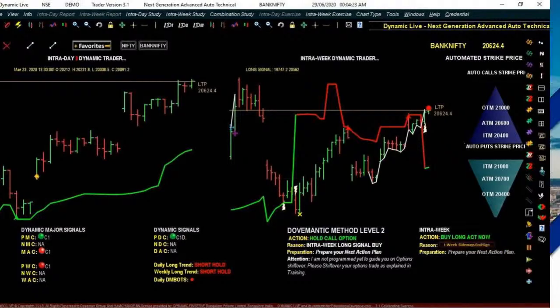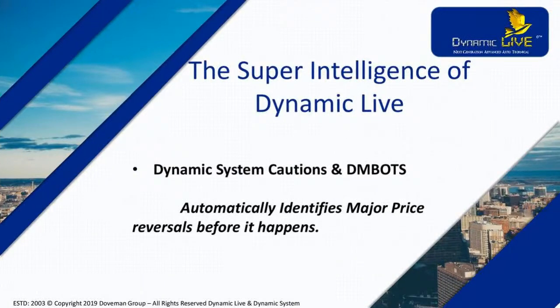Not only this sideways, there is one more most important intelligence, that is this dynamic system caution and DM BOTS. Now, whenever there is a major movement in the market, major uptrend or a major downtrend, before the major movement, these dynamic system caution symbols will appear telling you that the price is about to reverse. Normally whenever there is a major movement, what happens?